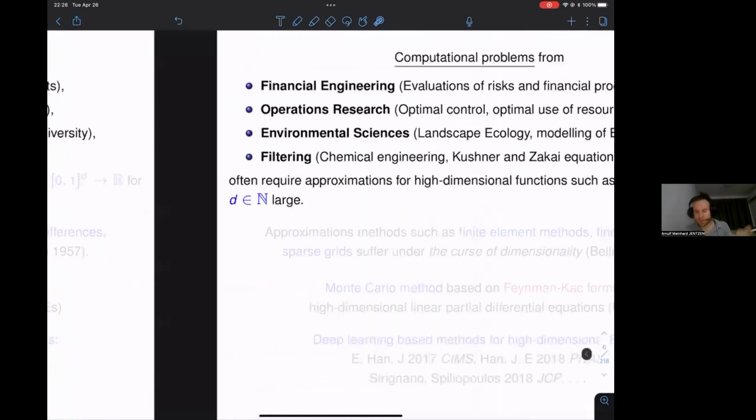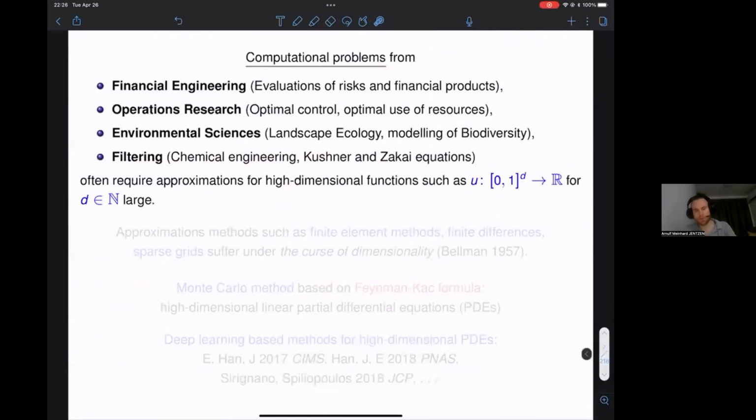And in many such computational problems, one wants to approximately evaluate or compute high-dimensional functions, such as, for example, a function u from the d-dimensional unit cube to the reals, where d is a large number, and large here means something bigger than 3 if you want, starting with 4, 5, and going to 10 or 100 or also thousands of space dimensions.